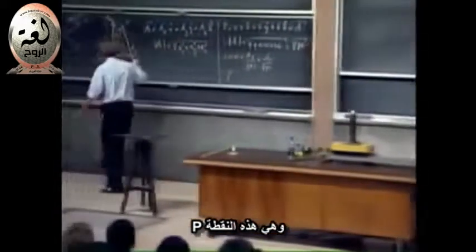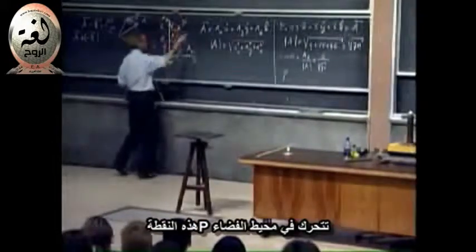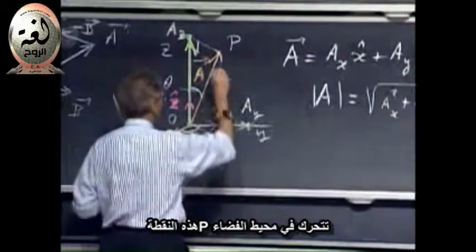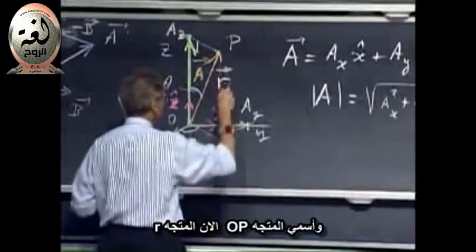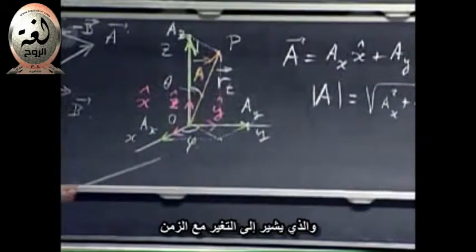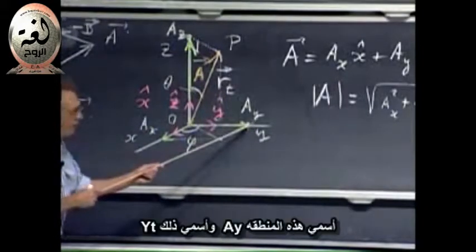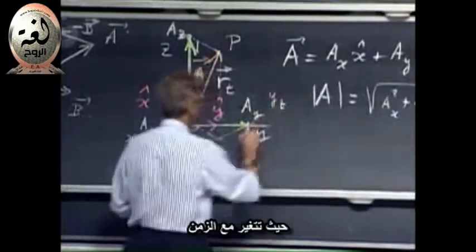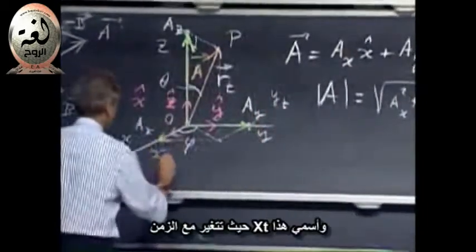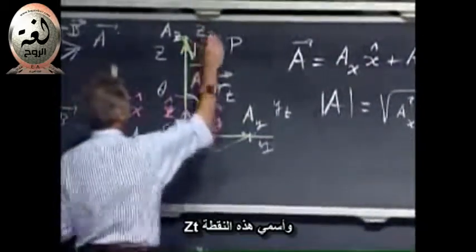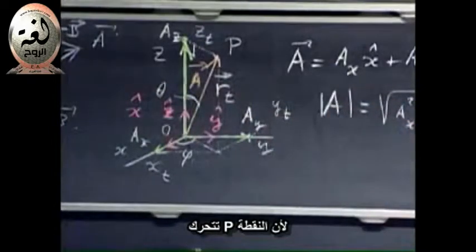This point P is going to move around in space, and I call this vector OP, I call that now vector R, and I give it a sub-index T, which indicates it's changing with time. I call this location Y of T. It's changing with time. I call this X of T, it's going to change with time, and I call this point Z of T, which is going to change with time, because point P is going to move.